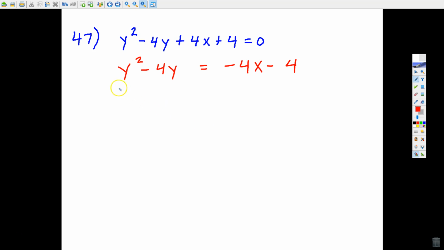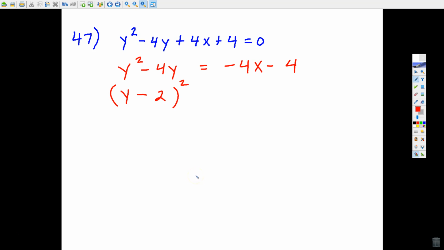Okay, completing the square on y means that I do my quantity squared. Remember, it's the square root of this first variable, which is y. Bring down the sign. And how do I get this number if I'm completing the square? Divide by 2. 4 divided by 2 is 2.